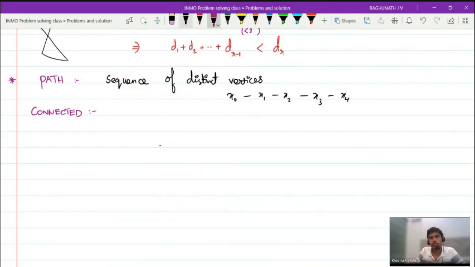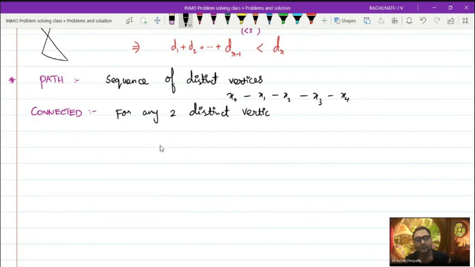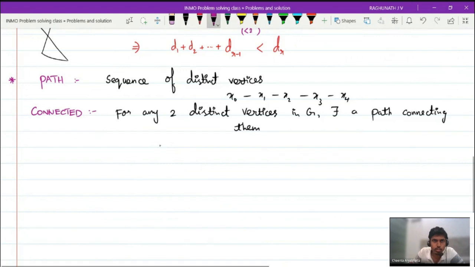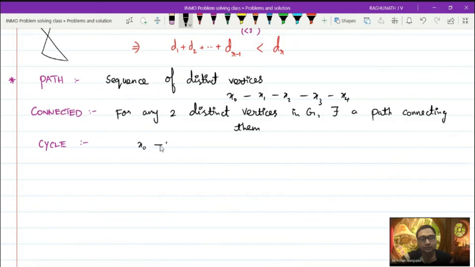A connected graph is one where for any two distinct vertices in the graph, there exists a path connecting them. That is called a connected graph. And what is a cycle? A path whose starting point and ending point are the same. x0, x1, x2, and let's say x0. So this is a cycle.